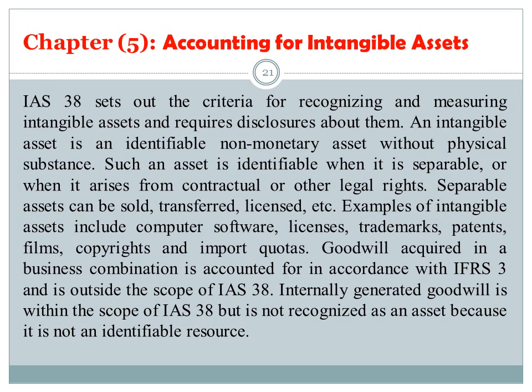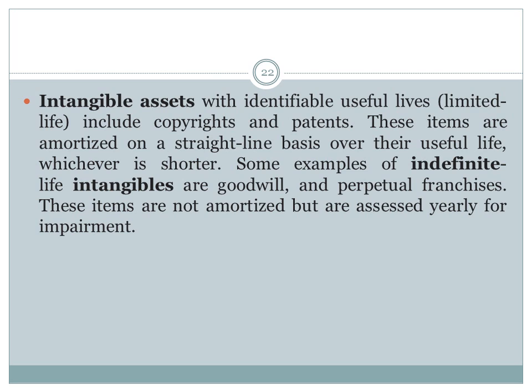Internally generated goodwill is within the scope of IAS 38 but isn't recognized as an asset, because it isn't an identifiable resource. Intangible assets with identifiable useful lives, limited life, include copyrights and patents.